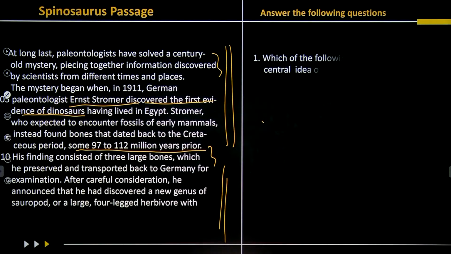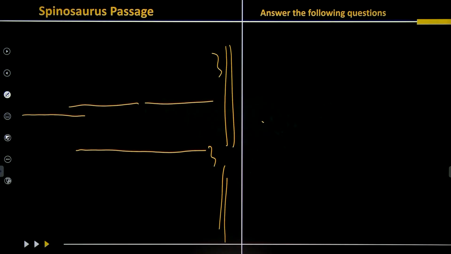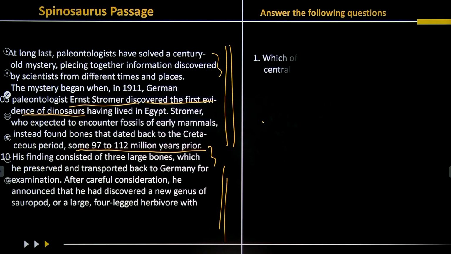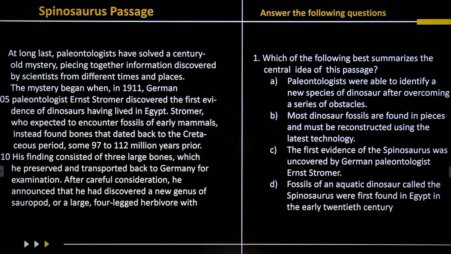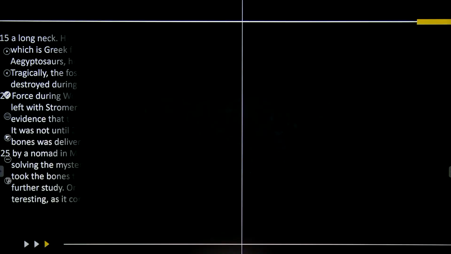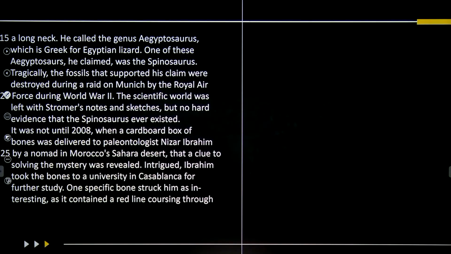Now, his findings consisted of 3 large bones which he preserved and transported back to Germany for examination. After careful consideration, he announced that he had discovered a new genus of sauropod, or a large 4-legged herbivore with, let's go to the next slide, a large long neck.